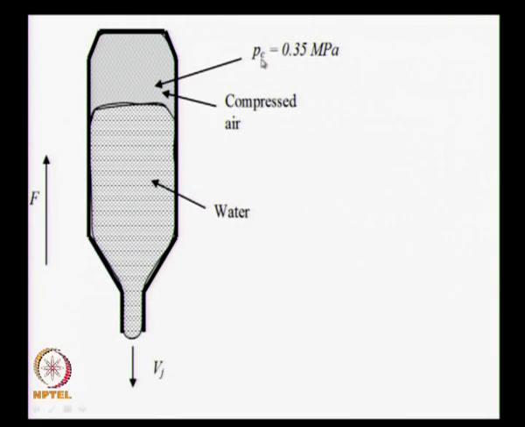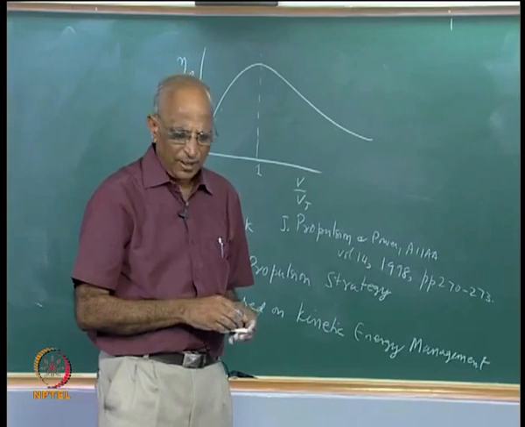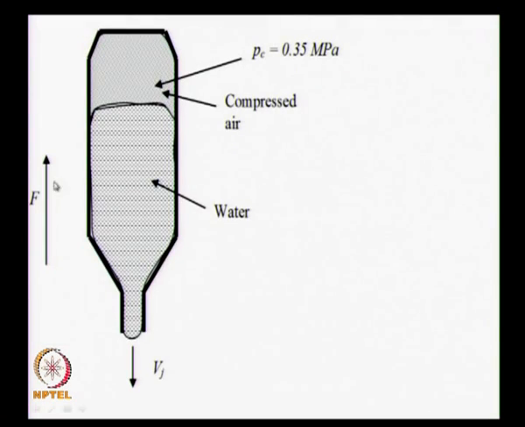The compressed air pressure is told to be something like 0.35 MPa, that is 3.5 atmospheres. I want to find out the size of the hole such that the rocket leaves the ground at a given acceleration. This is all what I want to do. How do I size this rocket? This volume is given, but I need to know the size of the vent or the hole such that the rocket can leave with a given acceleration. Let us do this problem.